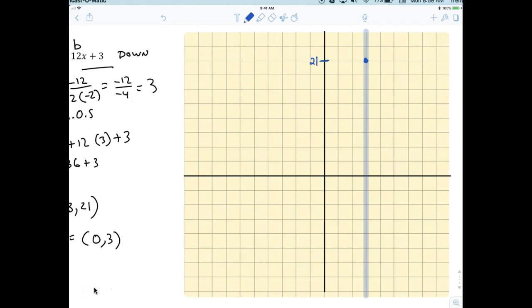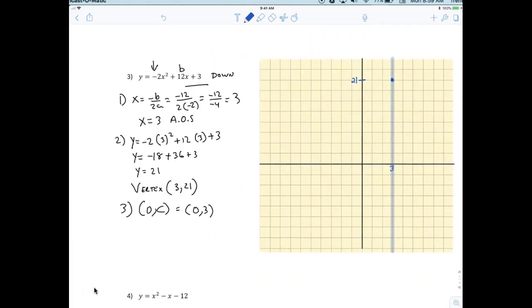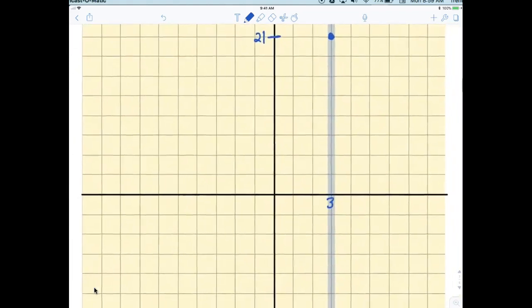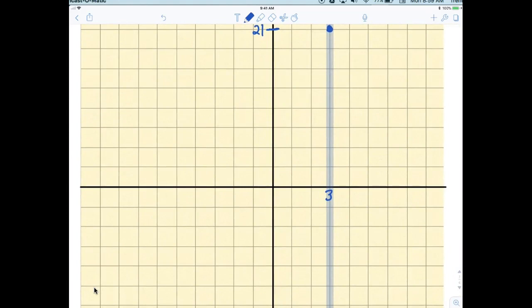This is 3. Now everybody knows what we're doing. I'm not asking you to count up to 21. That's silly. Then I'm graphing the y-intercept, which is (0, 3). I don't care where you put that, so we're just going to come down here and mark it right here.